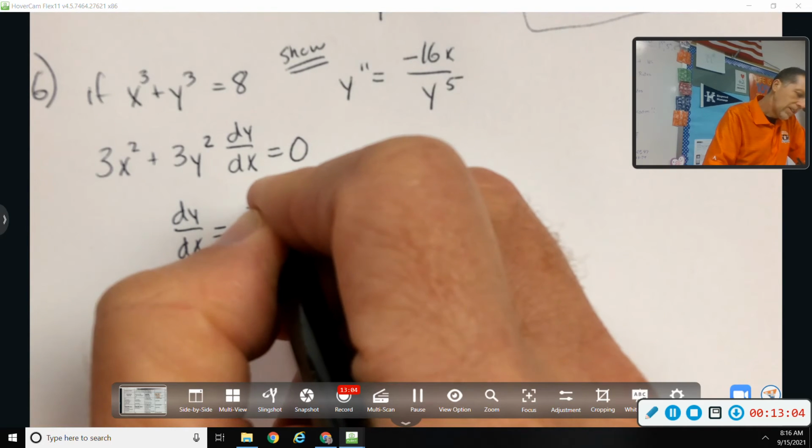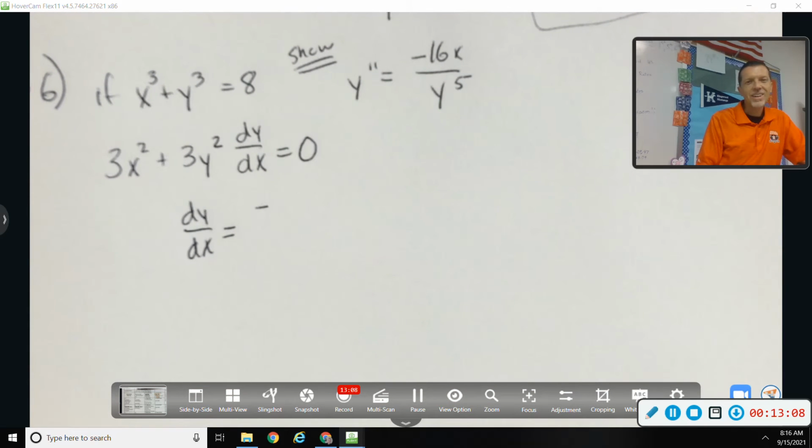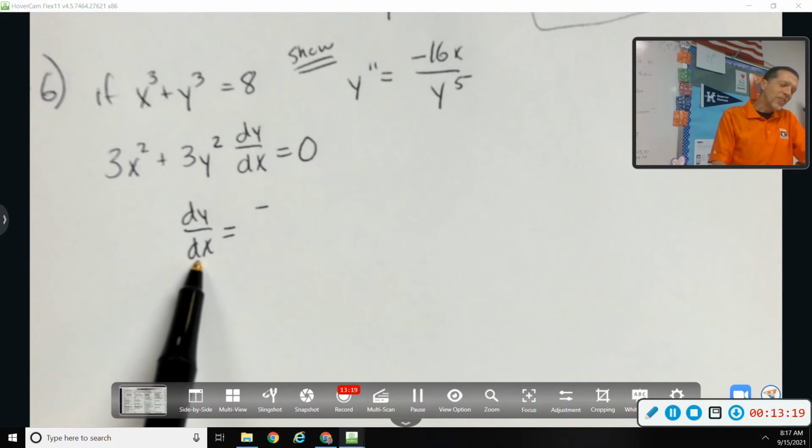How many algebra steps are you going to let me do at once here? Do all of them? I'll do all of them if you'll tell me what the answer is. Negative 16x over y. Thank you. I want to know what the first derivative is, though.